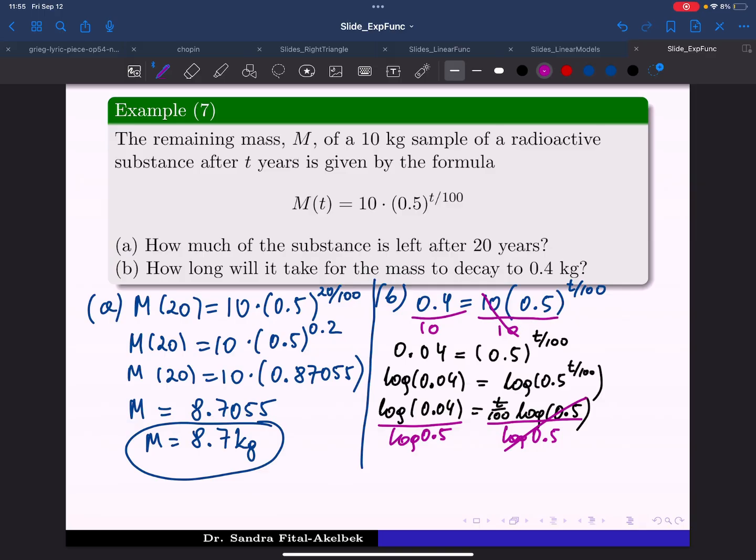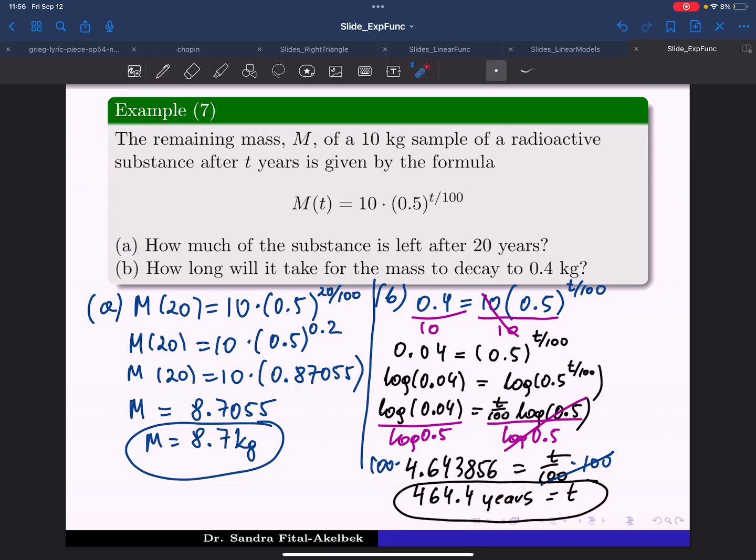This cancels out. If we type this on the calculator, we're getting 4.64386 is equal to t over 100. So to solve for t, we need to multiply times 100, and we're getting that this one is 464.4 years is equal to t.